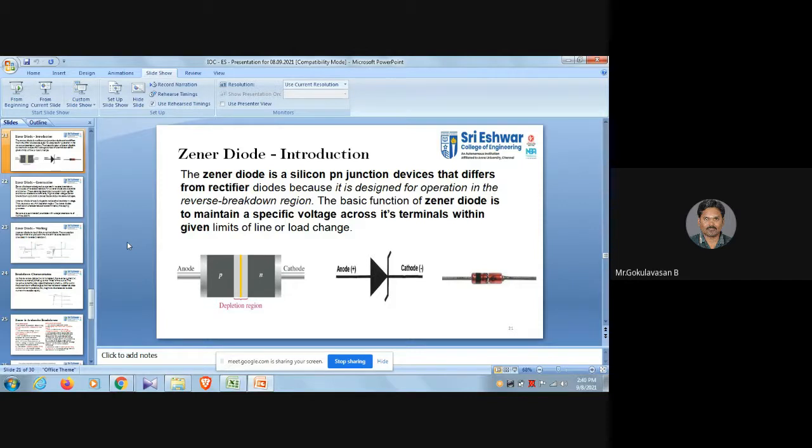Then if I give a diode which is like the third picture from left to right, you can see it is a Zener diode. Can anyone guess which terminal is anode, which one is cathode?